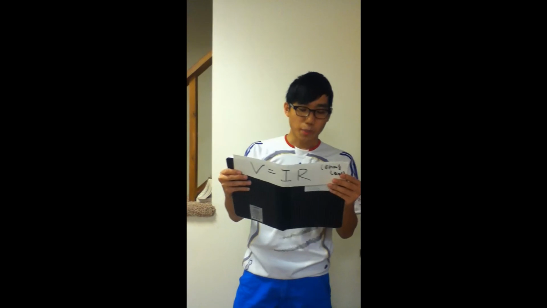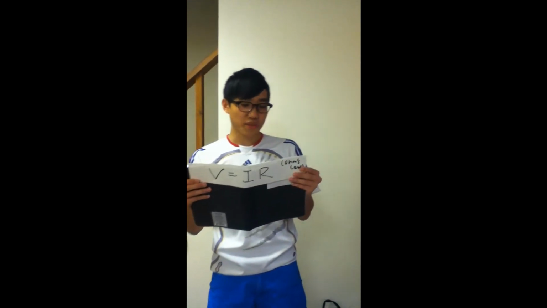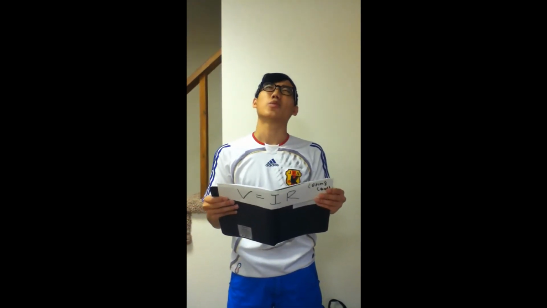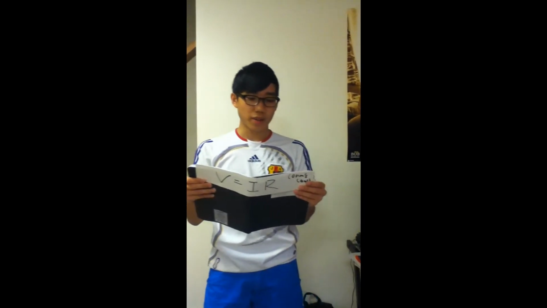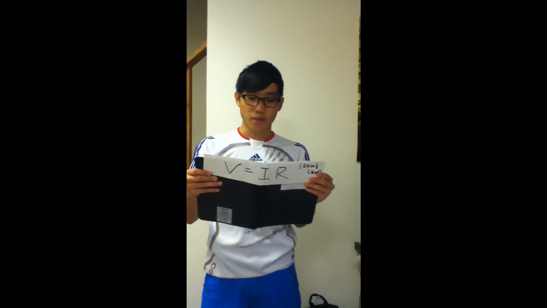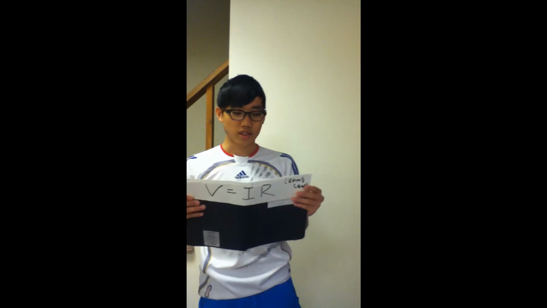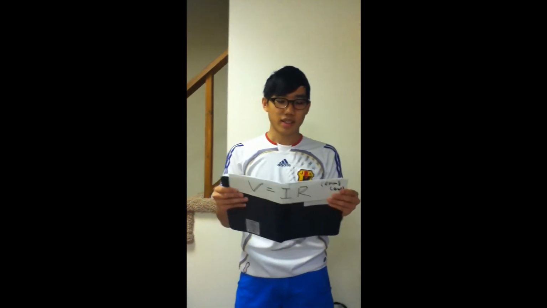We use 10 data points in this experiment, which means we start from using one battery, which provides 1.5 volts first, and then we keep adding one battery each time, which means we add 1.5 volts each time until we have done 10 batteries.